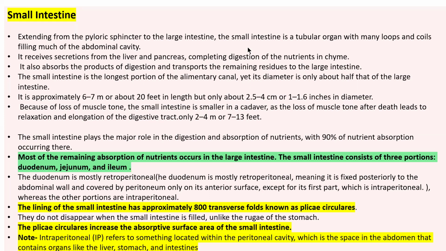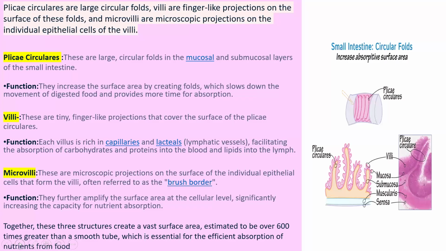What is the function of plicae circulares? They increase the absorptive surface area of the small intestine to absorb more nutrients. There are approximately 800 large circular folds. Villi are finger-like projections on the surface of these folds, and microvilli are microscopic projections on the individual epithelial cells of the villi.